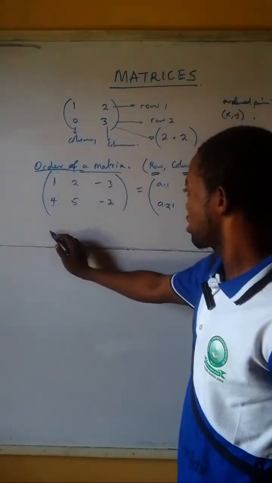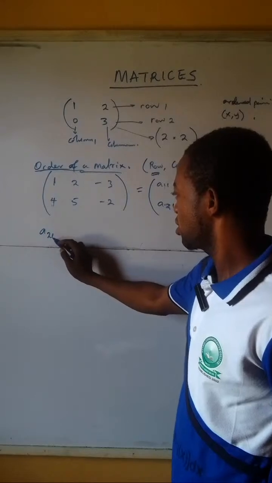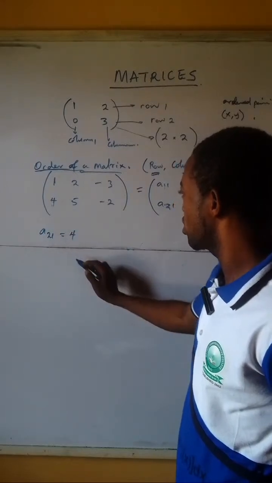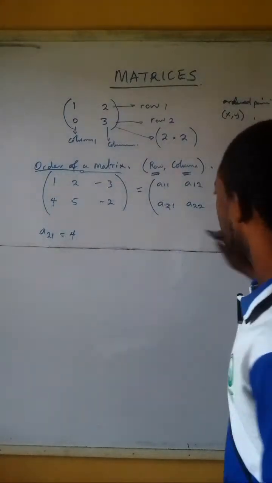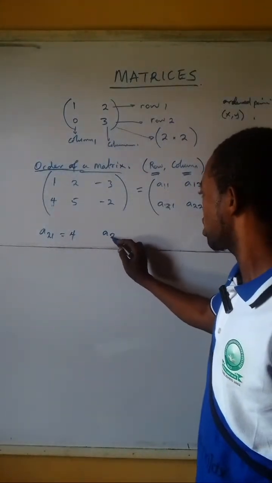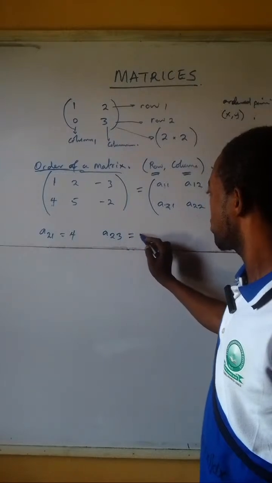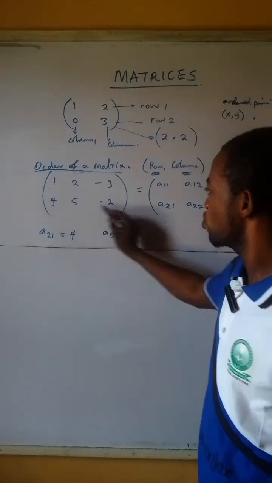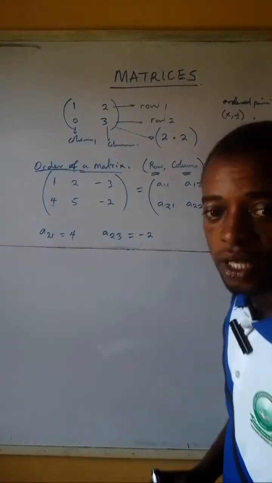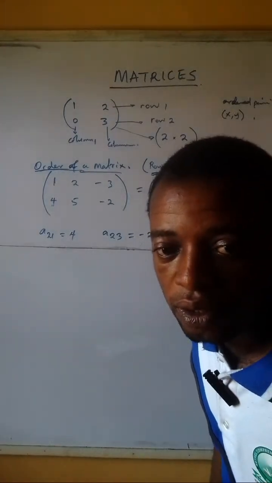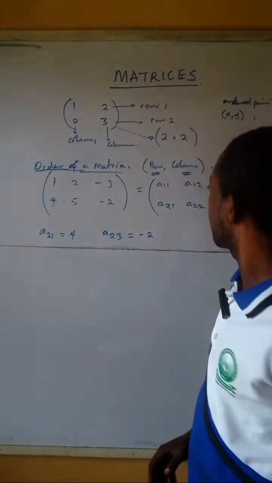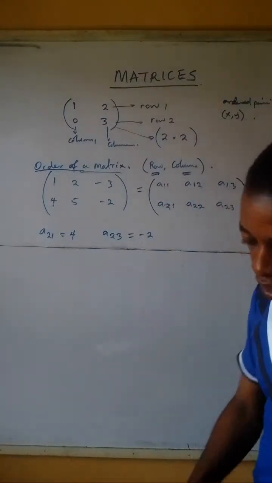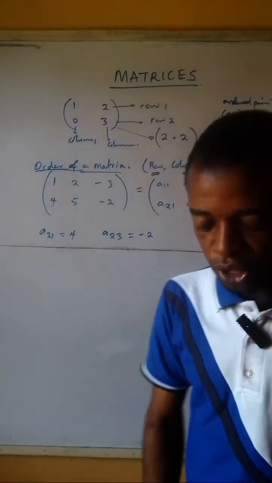So I can say A21 in this case equals 4. Then I can say A23, the element in row 2, column 3, is minus 2. That's row 2, then column 3. So that's the order of a matrix.